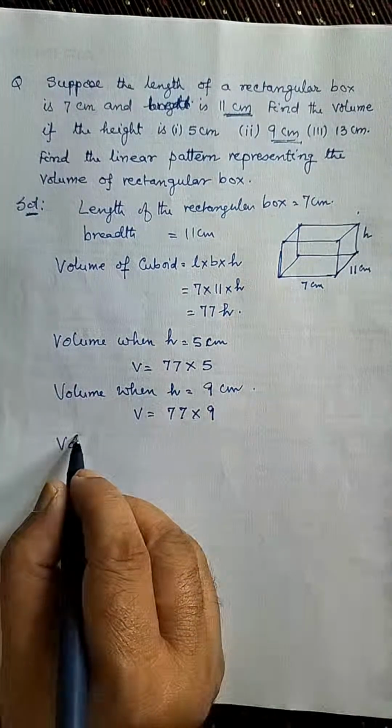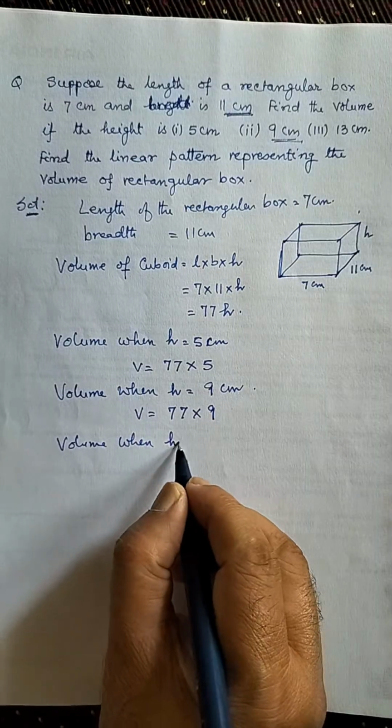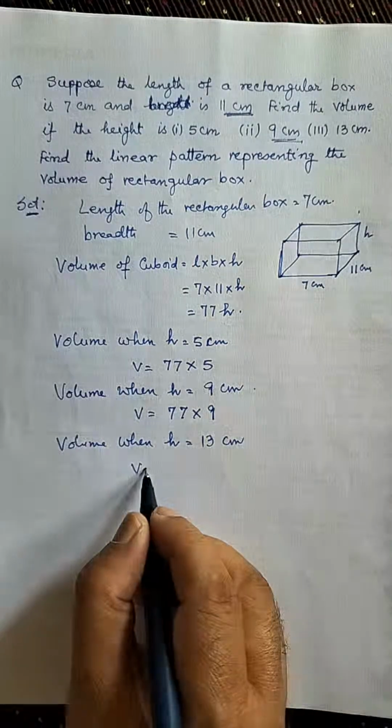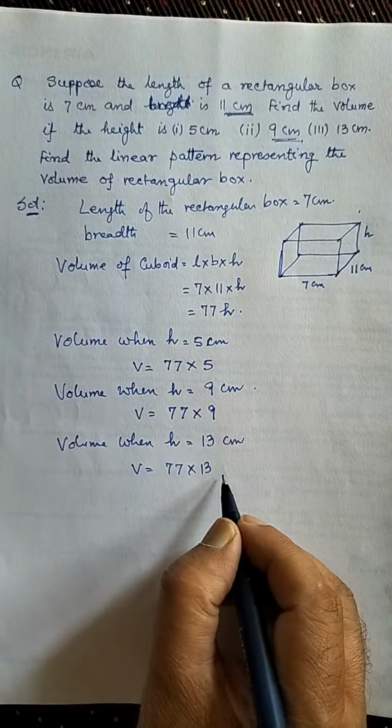Now volume when height is 13 centimeter will be 77 into 13, right?